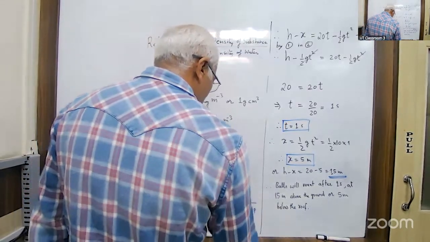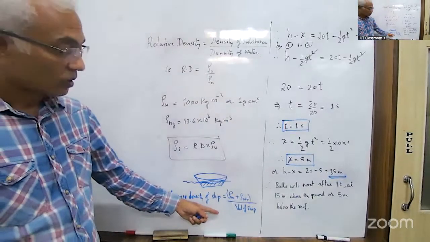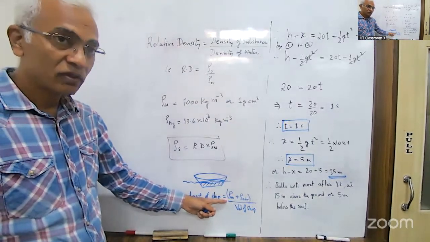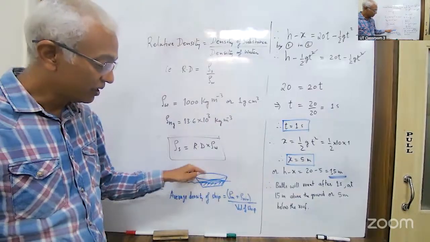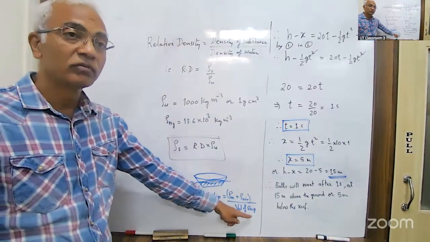This is the average density: the density of the metal part of the ship, the metal sheet, plus the density of the air content inside the ship, divided by the volume of the ship.